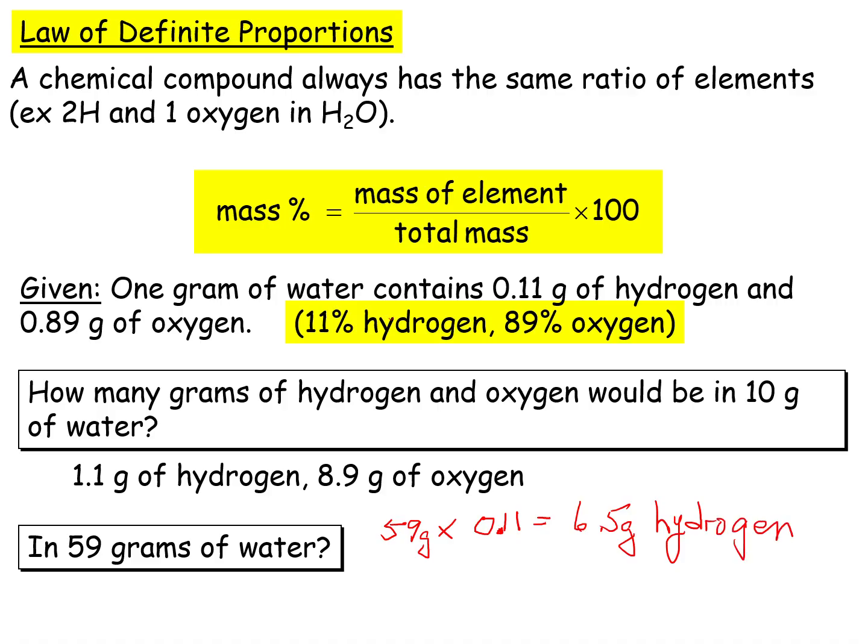And then if you do the same thing for the oxygen, it would be 59 times 0.89, and that gives us 52.5 grams of oxygen.